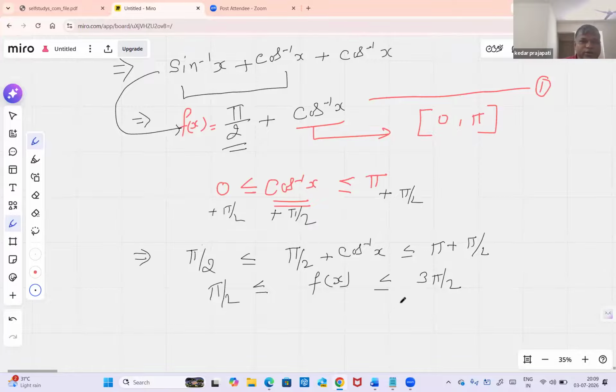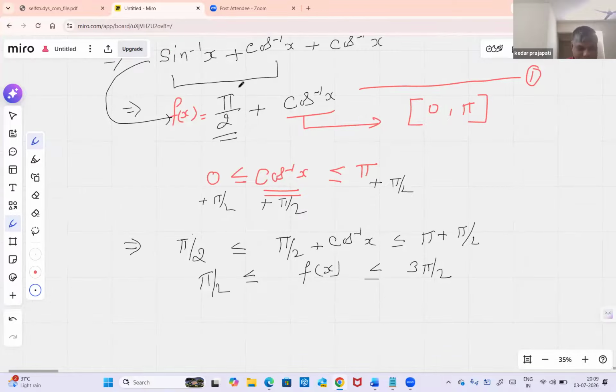So what is the range of this? Therefore, the range of the question, this is a 3 marker, sine inverse x plus 2 cos inverse x is pi by 2 to 3 pi by 2. Correct?